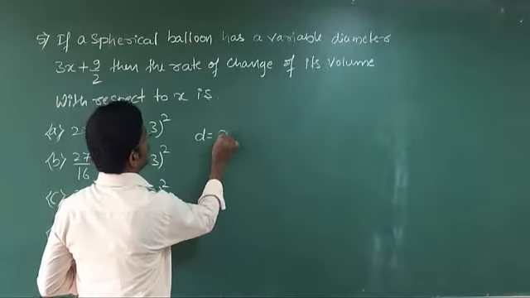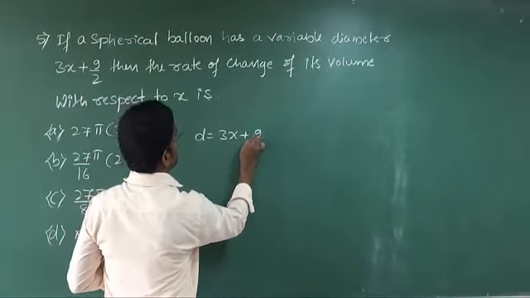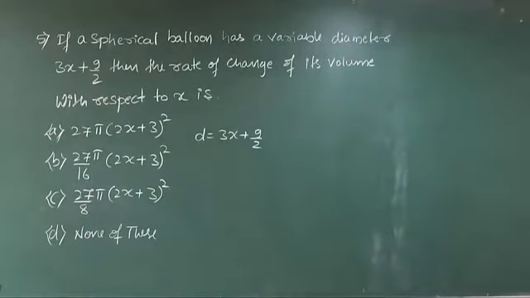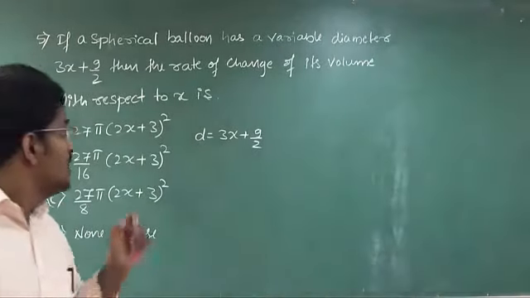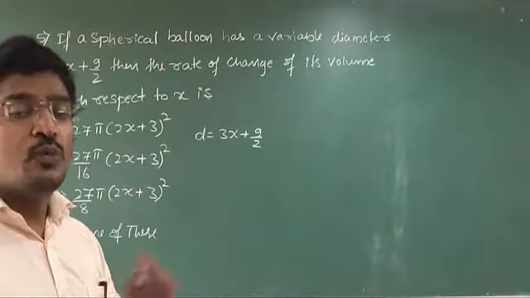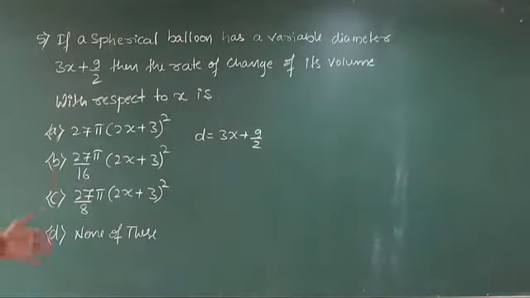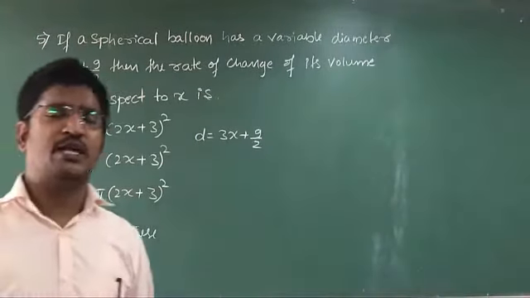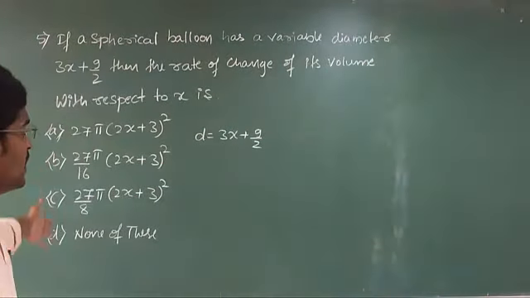So diameter equal to 3x plus 9 by 2. Then the rate of change of its volume with respect to x, they are asking. The four options are given.